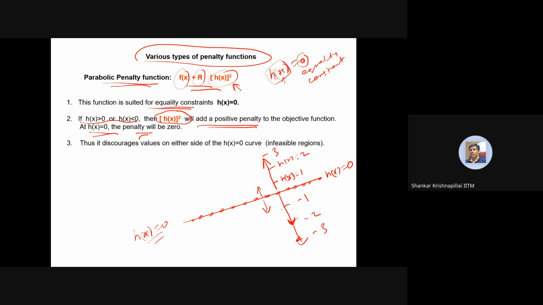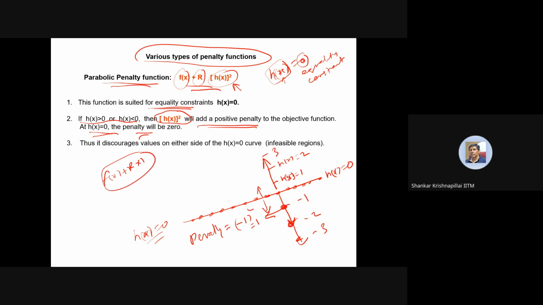So what is the penalty here? The penalty is minus 1 squared, which is equal to 1. So 1 will be added to the objective function: f of x plus r into 1. This is the penalty if your point is here.